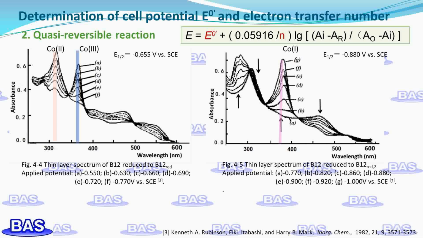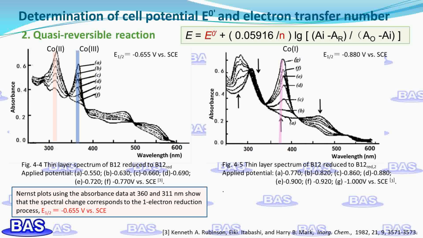A gradual step towards negative potentials produces the absorption spectrum of B12 at -0.77 volts, for example divalent cobalt, and Nernst plotting using absorbance data at 360 and 311 nanometers indicates that the spectral change corresponds to a 1-electron reduction process with a half-wave potential equal to -0.655 volts.